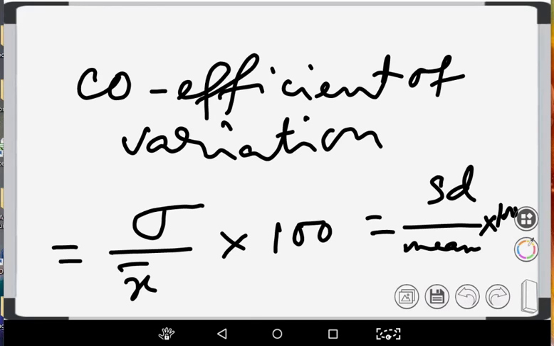So where do we use this coefficient of variation? Think about when we compare two persons, say in a cricket match, two players who have scored in the last 10 innings. Please write this data.